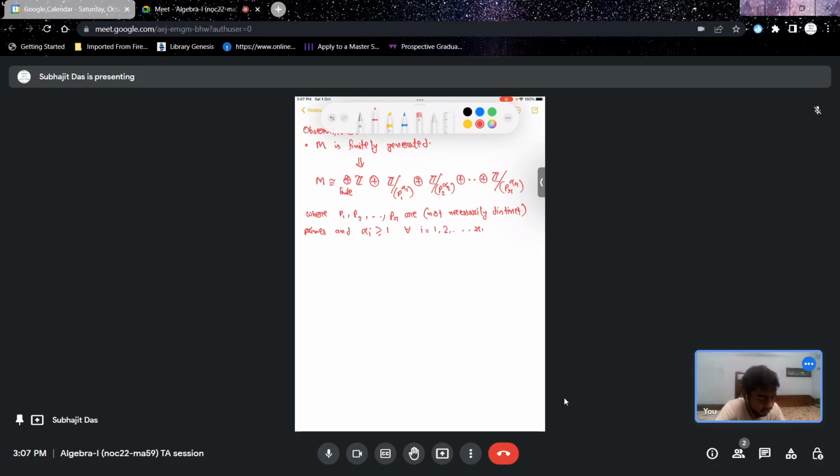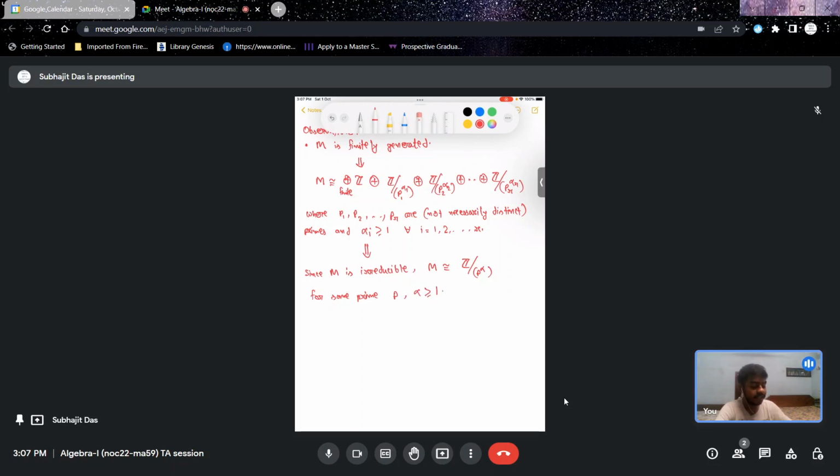So from this we can further imply that since M is irreducible, M must be of the form Z mod p to the power alpha, for some prime p and alpha greater than or equal to 1.